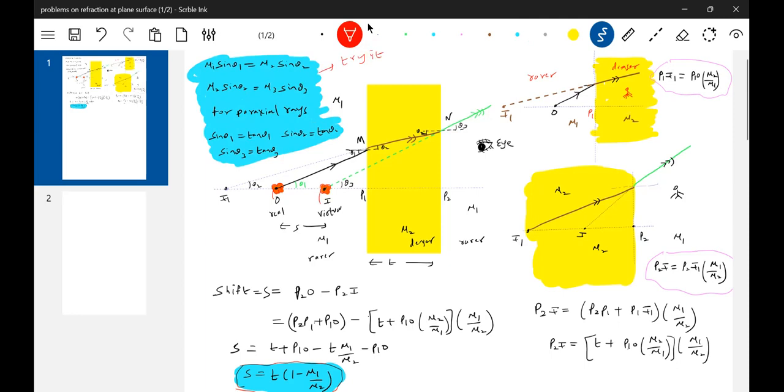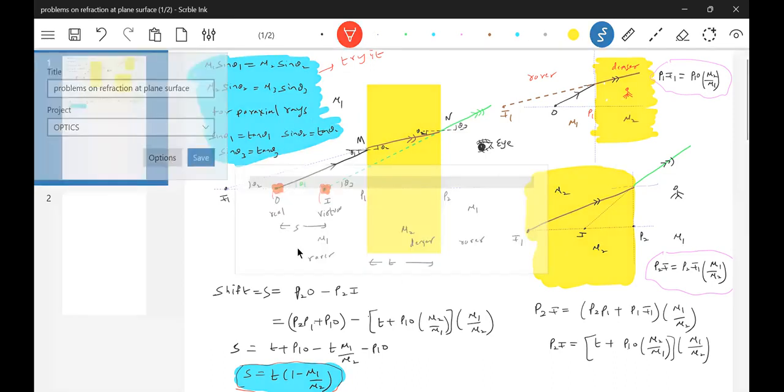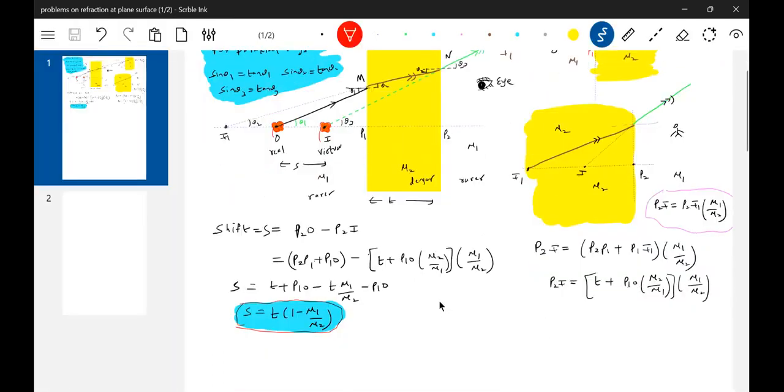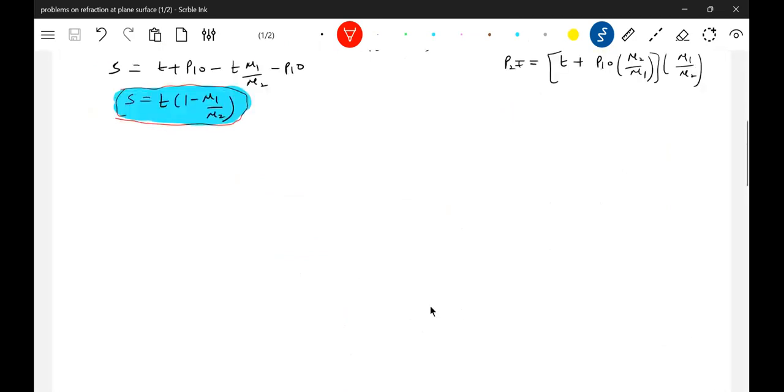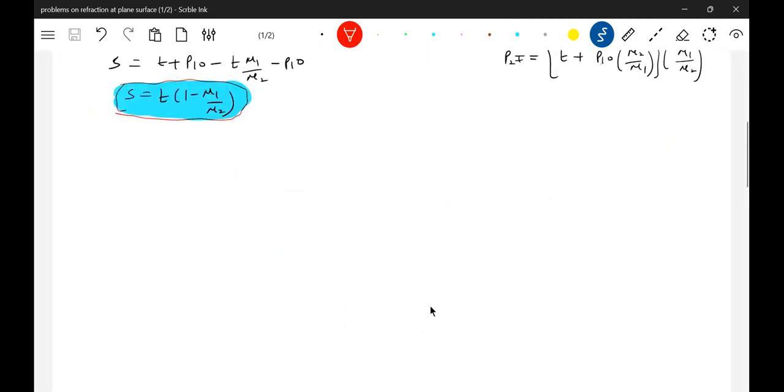Try it. Okay, now after getting this formula, we'll move on to how to use it. What is mu1, mu2, all that? It is a shift in the direction of the incident ray.